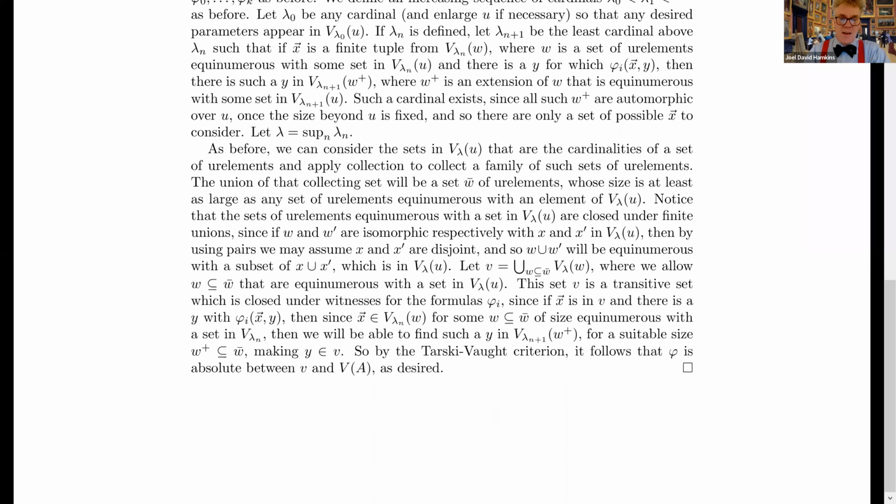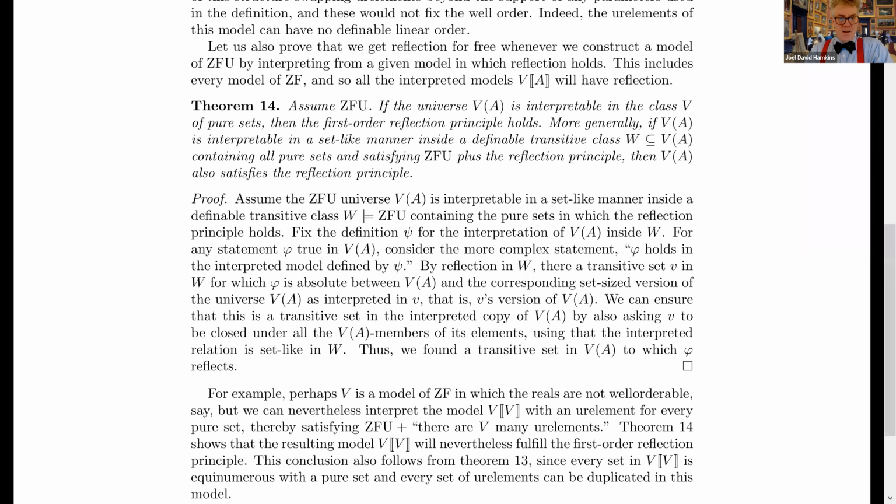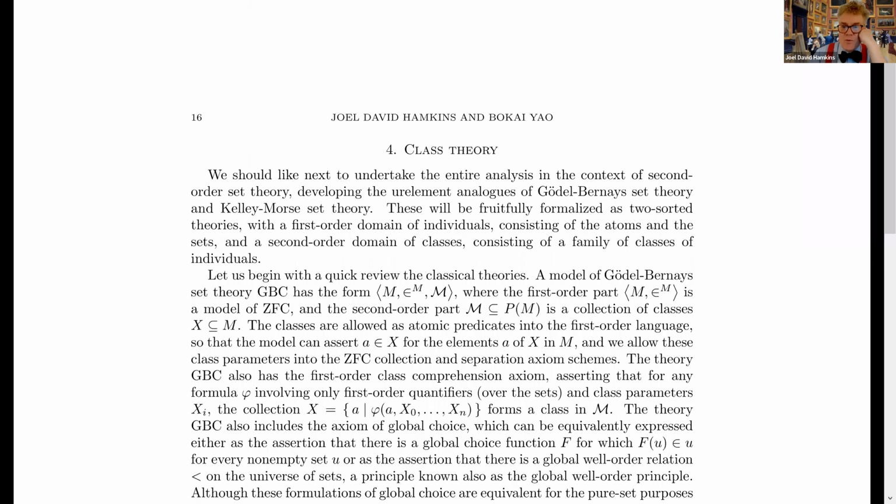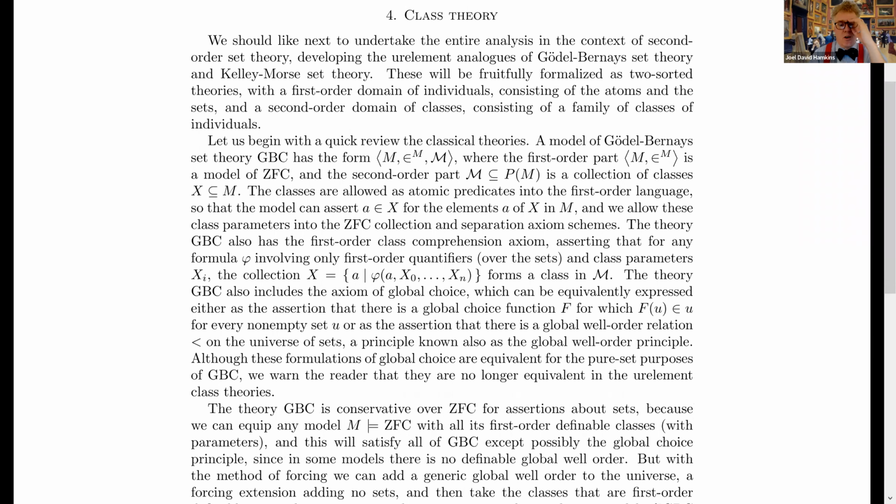But I want to just skip ahead now, and let's get to the class theories. So just to review quickly, Gödel-Bernays set theory and Kelley-Morse set theory are two sorted theories. We have the first order part of sets and the second order part of all classes.